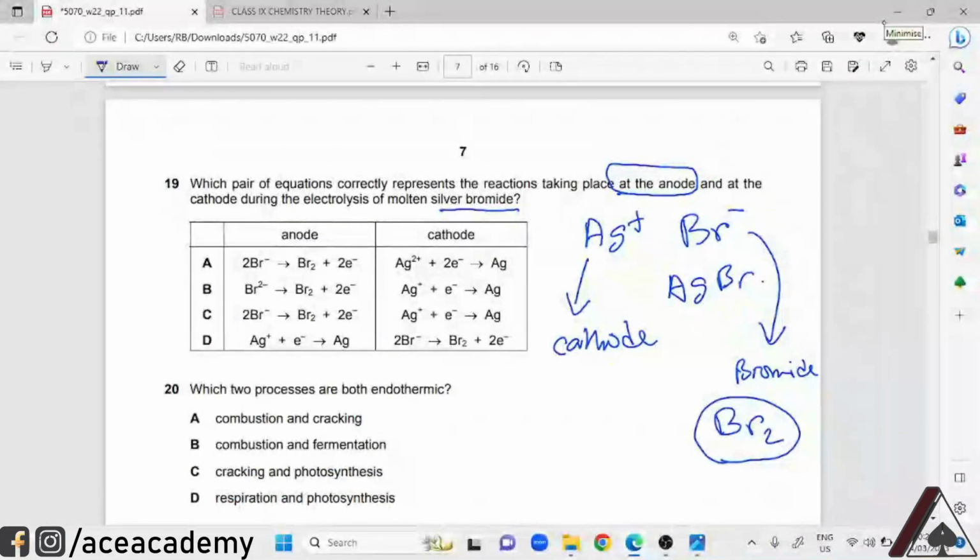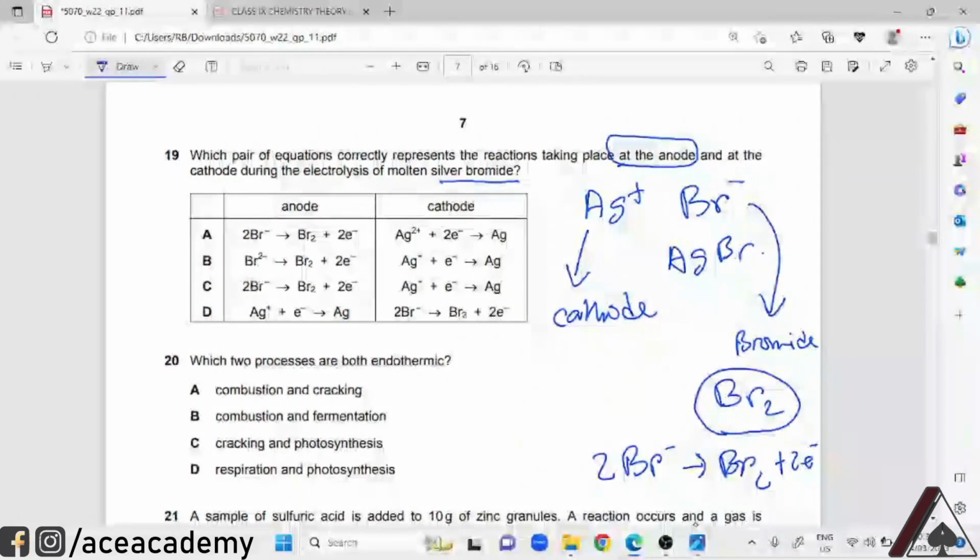The formula for silver bromide is Ag plus and Br minus. Bromine exists as a liquid in its diatomic form. As a result, the equation must be something like this, because there has to be two molecules of bromine to form the liquid.